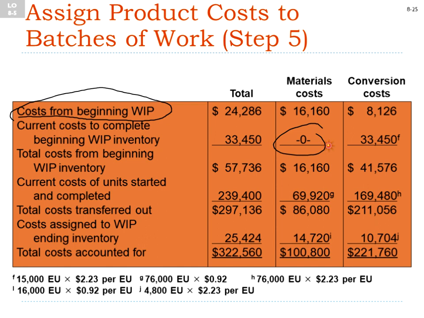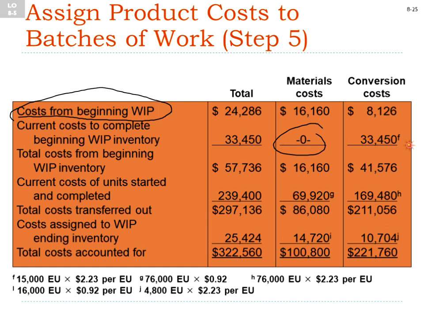Now, if you recall, the book tells us that materials are added at the very, very beginning of the process. So as soon as a unit is put into existence, it has 100% of the materials that it's going to need. To complete these partial gallons of adhesive, we're not going to add any more materials, but we will have to add some labor and overhead costs.